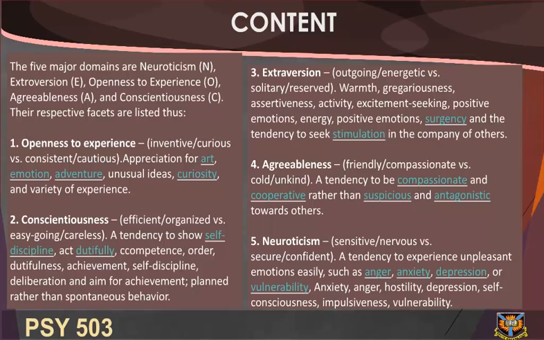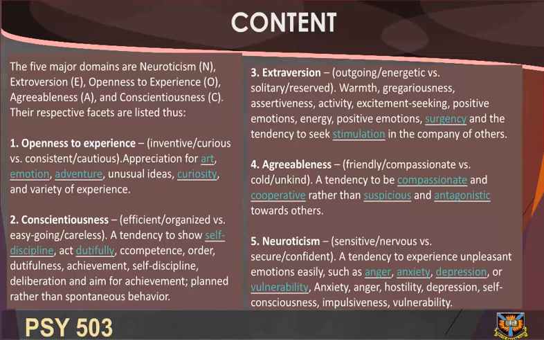2. Conscientiousness. Efficient and organized versus easygoing and careless. A tendency to show self-discipline, act dutifully, competence, order, dutifulness, achievement, deliberation, and aim for achievement, planned rather than spontaneous behavior. 3. Extraversion.